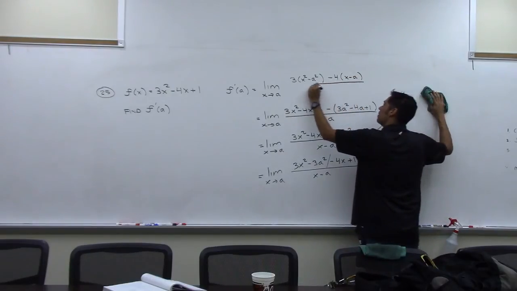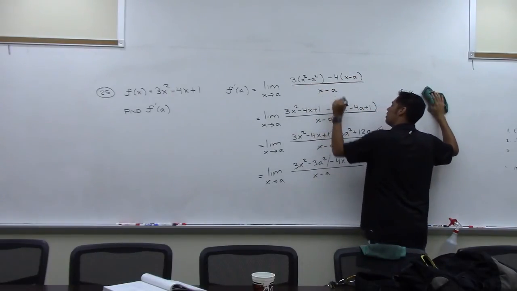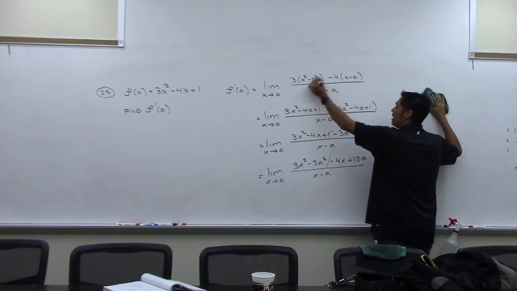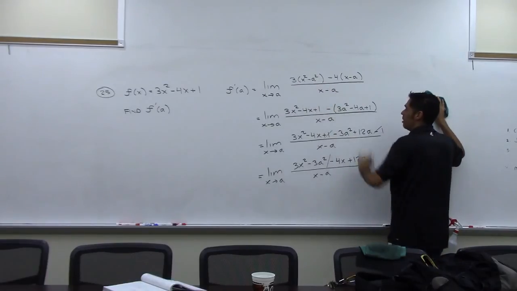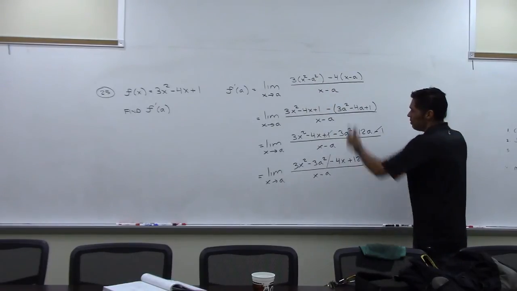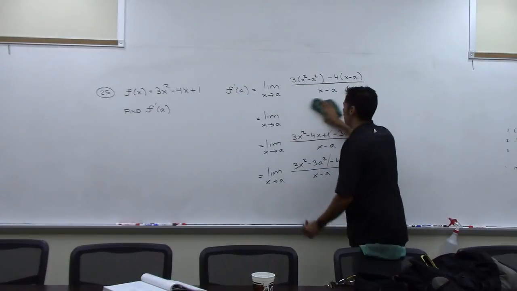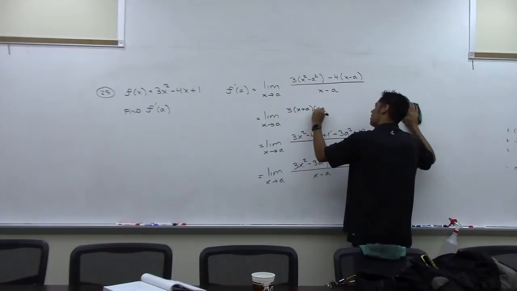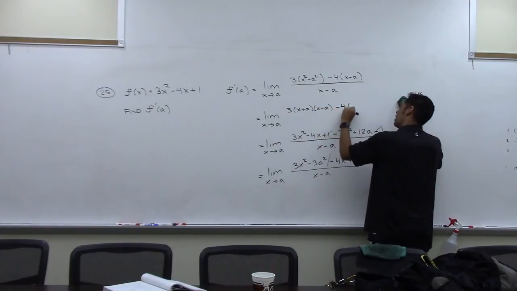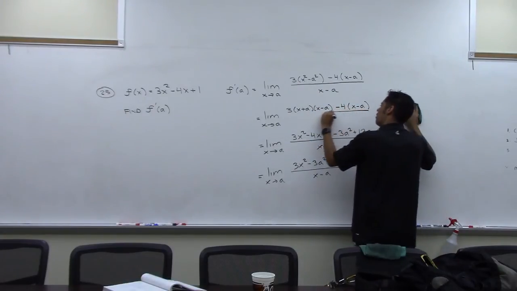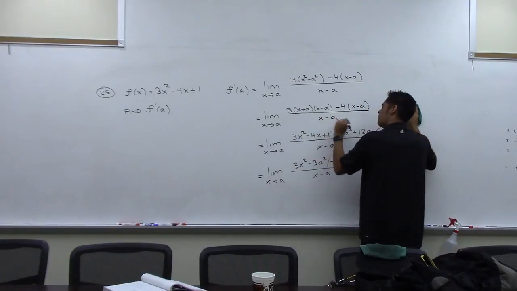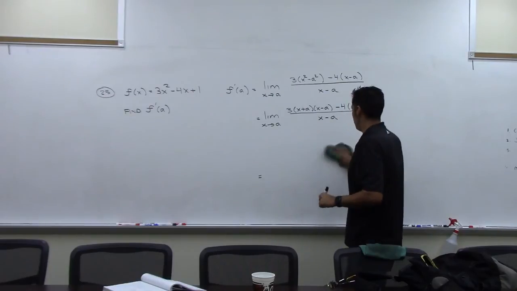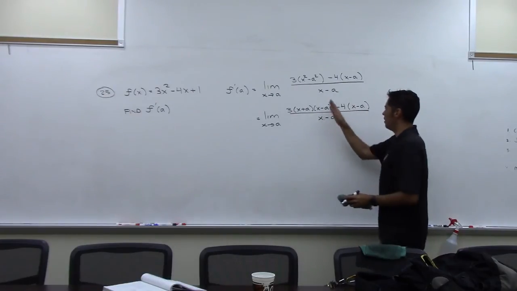And that's nice, because it looks like I'm getting closer to being able to cancel the x minus a, except I would need an x minus a here and here to be able to cancel it in all 3 places. So I noticed that's a difference of squares. So this becomes 3 times x plus a times x minus a minus 4 times x minus a all over x minus a. And now at this point, I can cancel this x minus a because it appears here, here, and here.